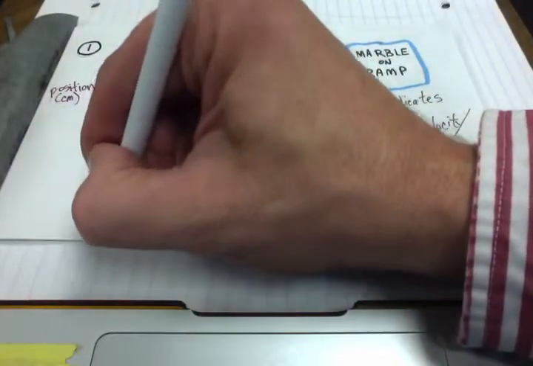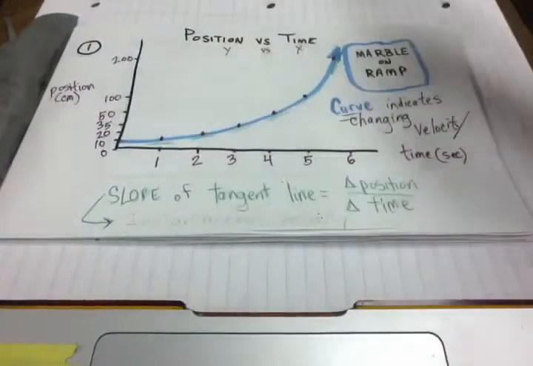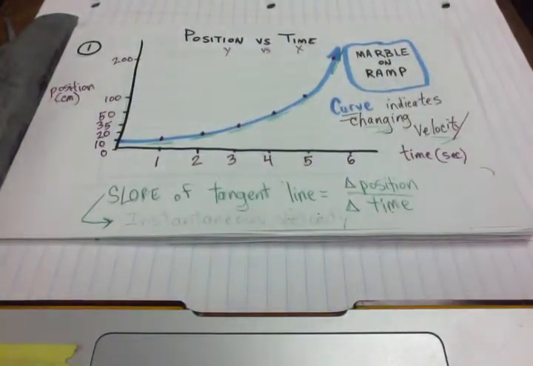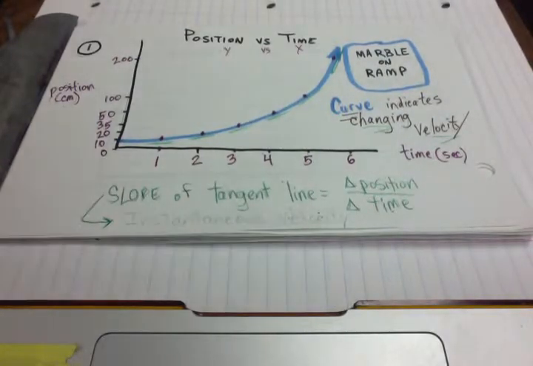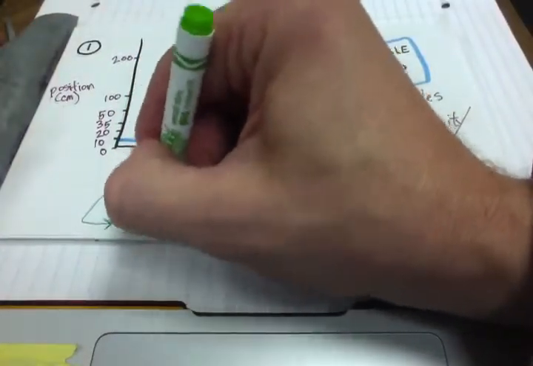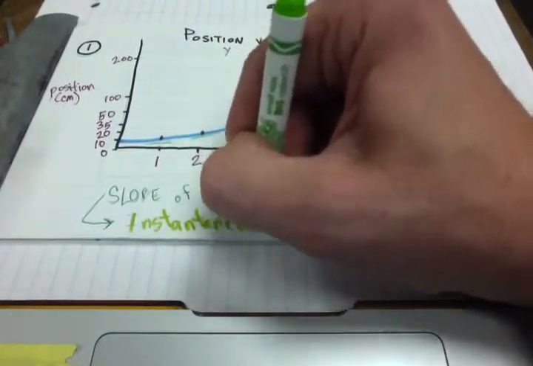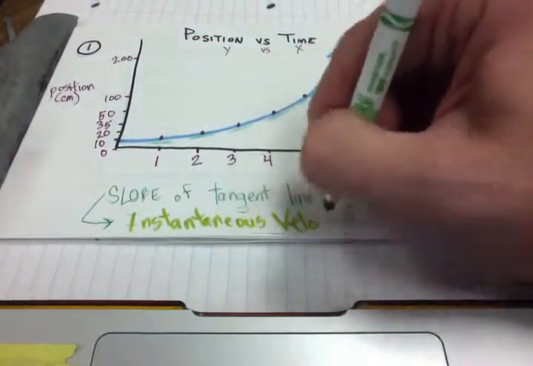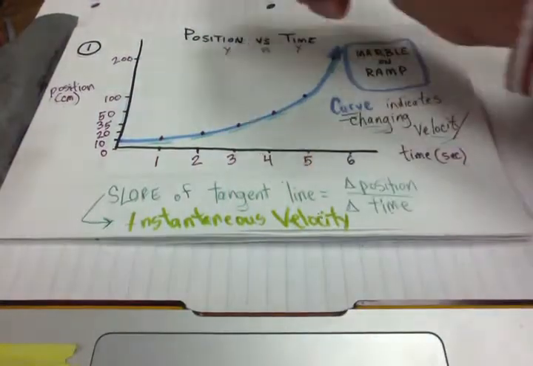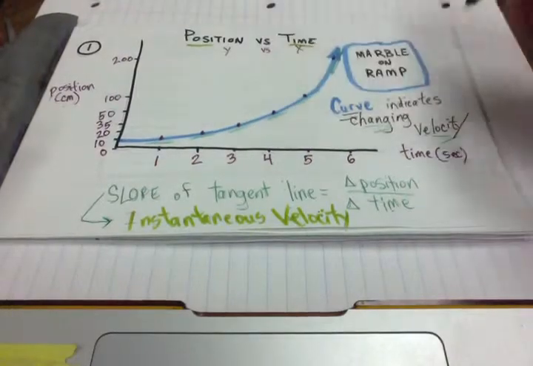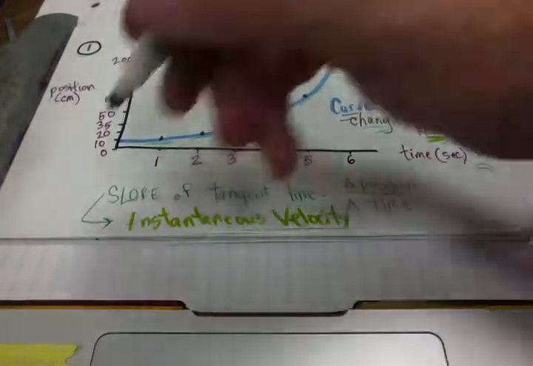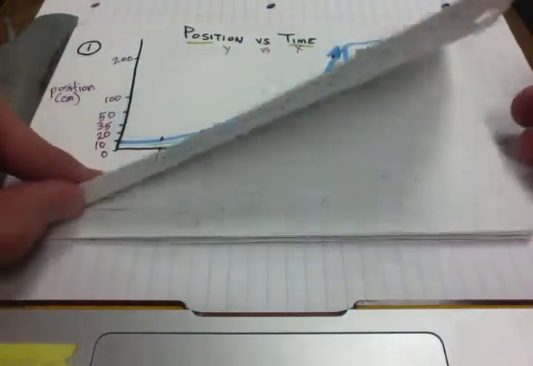And on a curve where our velocity is changing, the slope at that moment is what we call the instantaneous velocity, or the velocity at that instant. So instantaneous velocity is the slope of a tangent line, but still, once again, it's position versus time, and we get velocity from that. Okay.